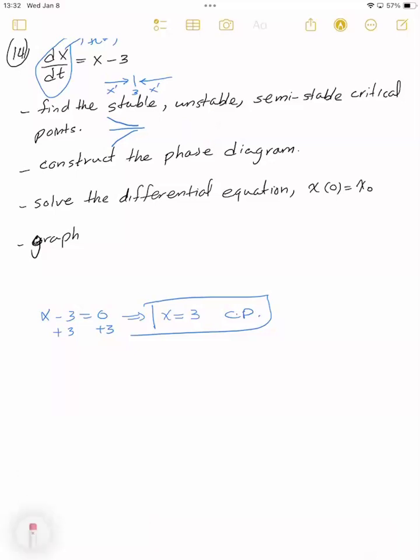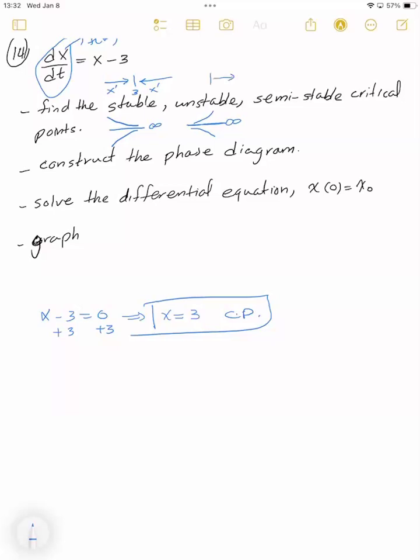And when it's unstable, we get a spout. So this is what happens. That's how the graph is going to look like. That's a spout. This is positive infinity. For semi-stable, or let me just show this.